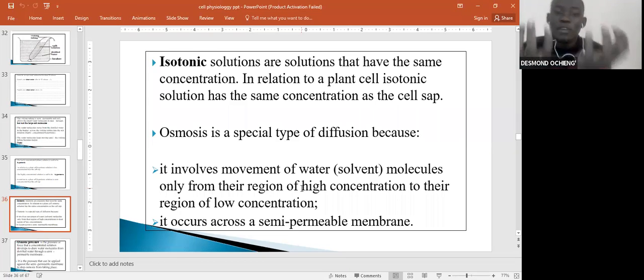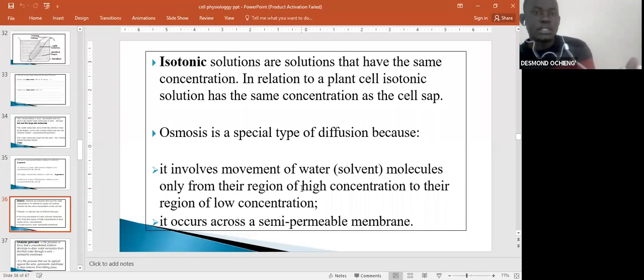So let's say, I was giving an example using a glass of water, where one has got few sugar particles in it, and one has got more sugar particles in it. The one with more sugar particles will be said to be a hypertonic solution, and the one with low sugar particles is said to be a hypotonic solution.